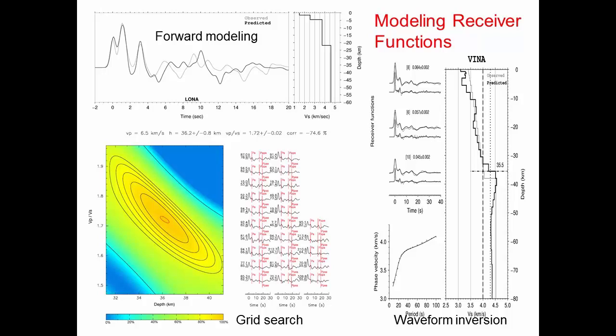We can also take our receiver functions and we can go through a grid search procedure where we define a parameter space, in this case a VP-VS ratio versus moho depth, and we can search through the space to find the models or the combination of parameters that best fit the arrival of the PS time on all these receiver functions, and then the reverberations that follow.